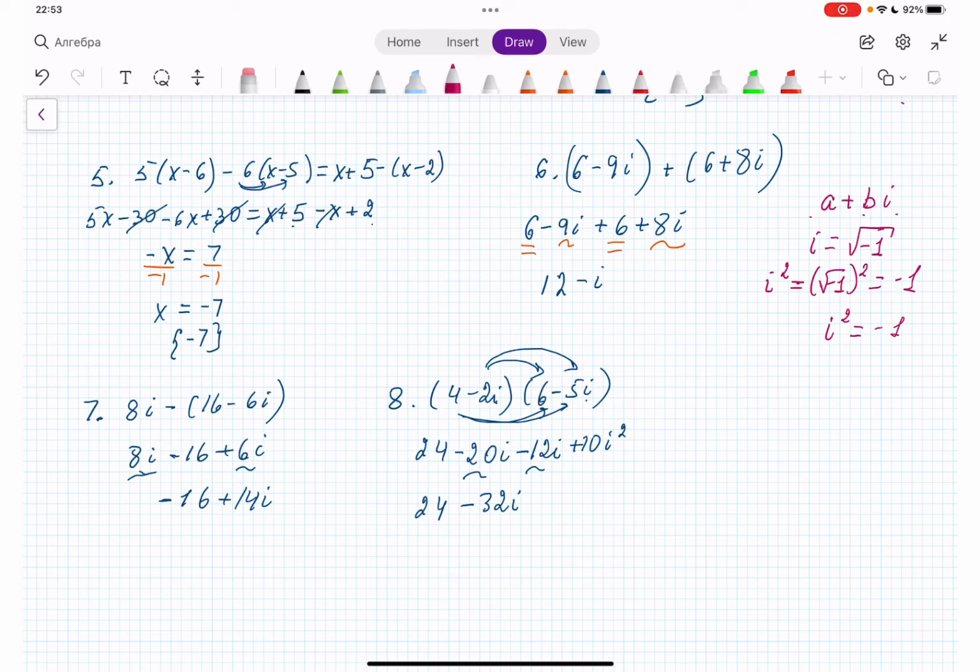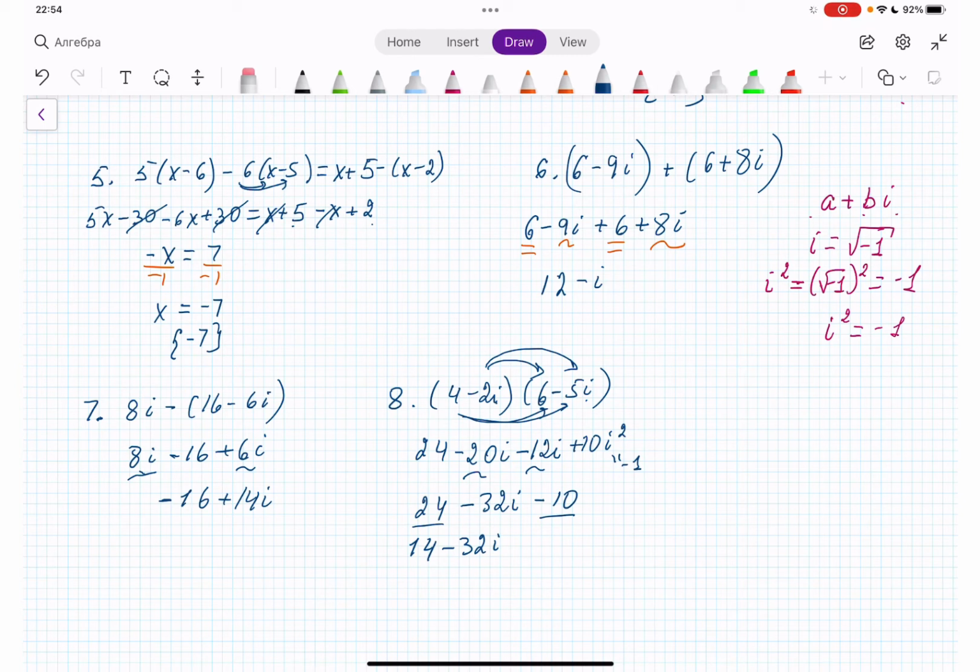So which means we are getting 10 times negative 1. It's going to be negative 10 because i squared is equal to negative 1. Okay? And from here, like terms, 24 and negative 10, 24 minus 10 is 14. So the answer is going to be 14 minus 32i.